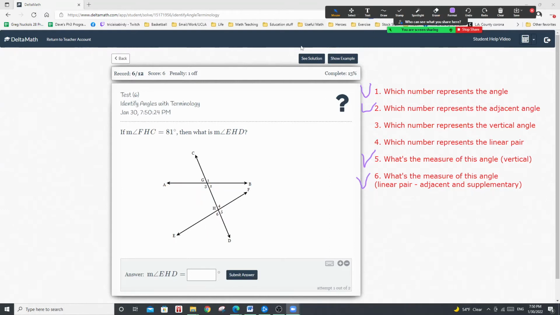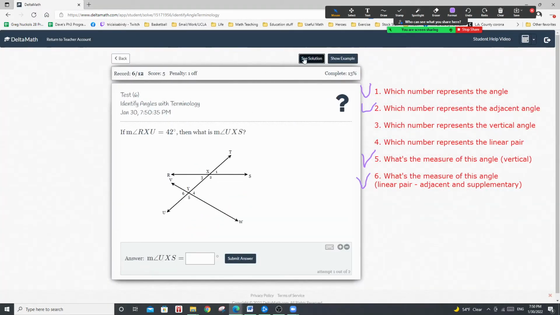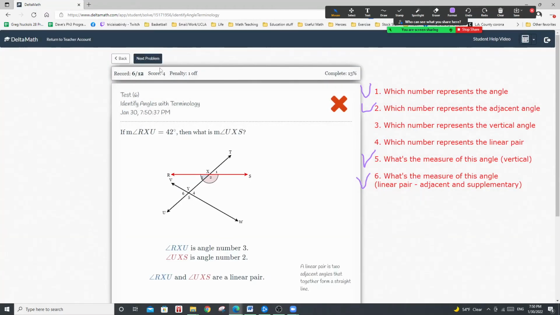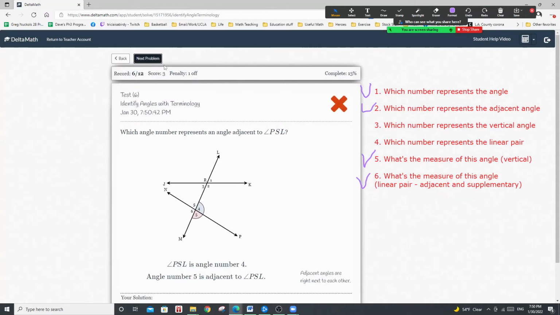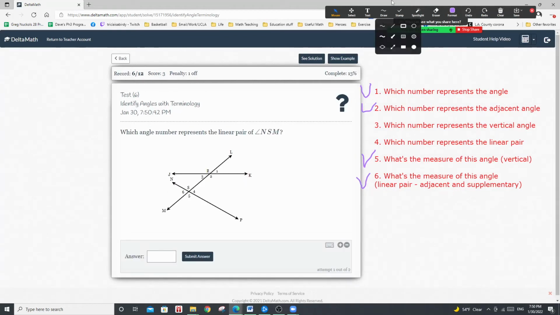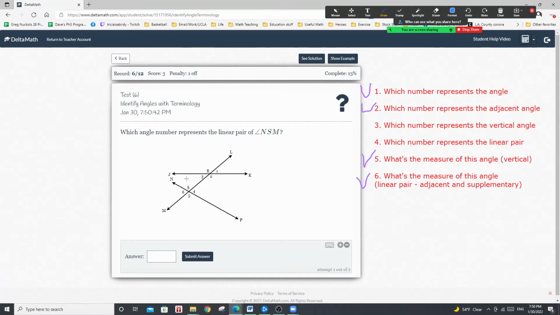So we've already done both of these types of problems, so let's look for another type of problem. We've done this as well. All right, linear pair. Let's do this one. So NSM, let's find the angle. Always start with finding the angle. NSM is number 6, right here.